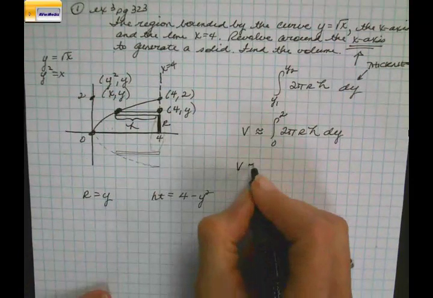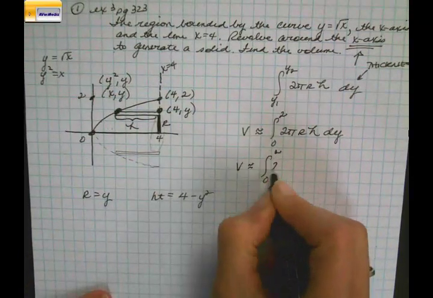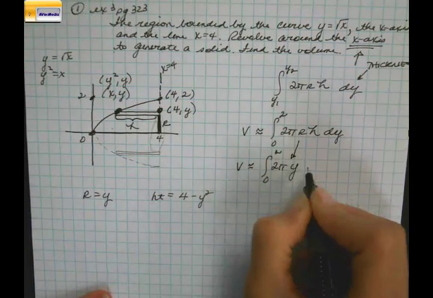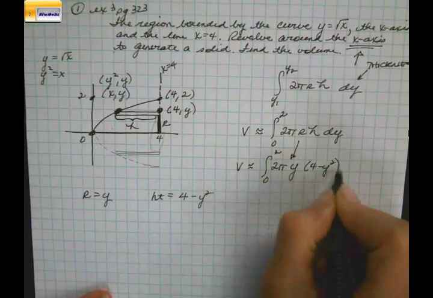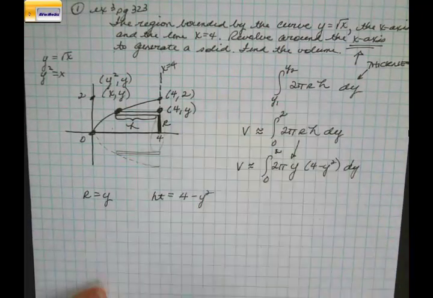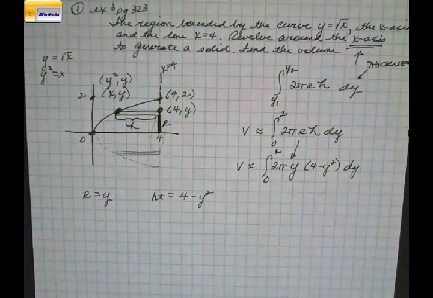So now this volume is integrating from 0 to 2 of 2 pi, r is replaced by y, and your height is replaced by 4 minus y squared, dy. Now you're ready to go. It's a little different, isn't it? The whole perspective is throw everything into the y variable, which feels a little odd.